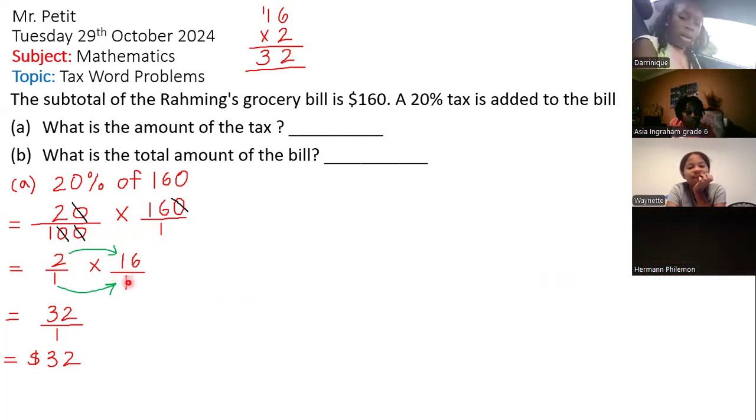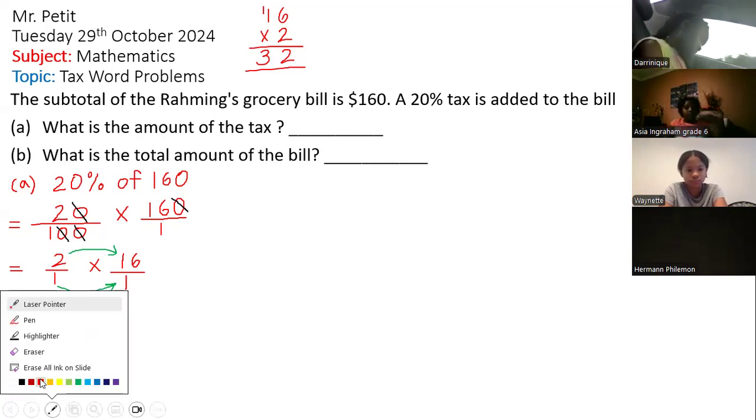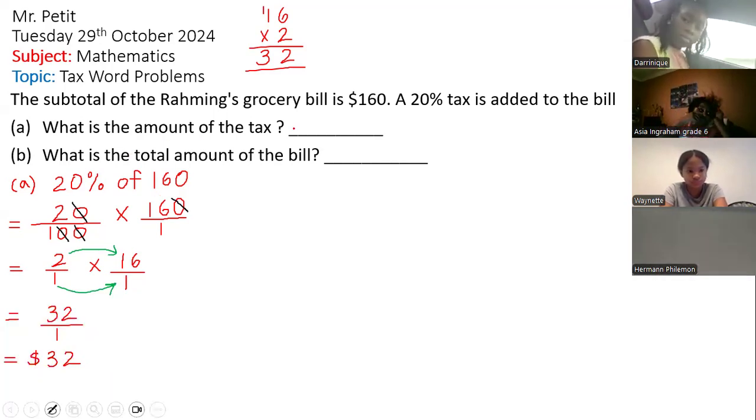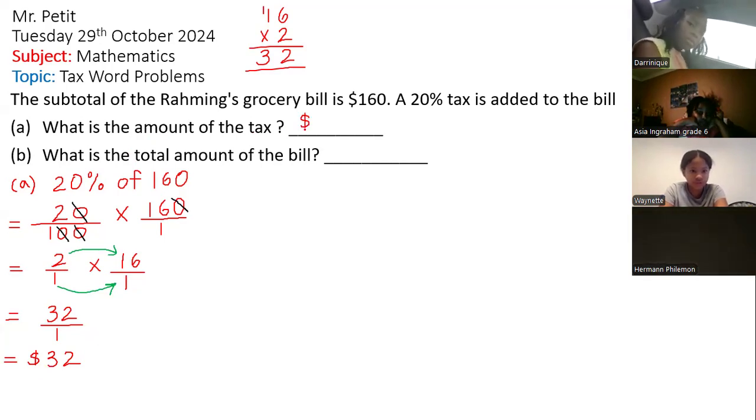And when we multiply, we get 32 over 1, which is also equal to $32. Very good. So Wanette, you understand this? Yes, sir. What is the total amount of the tax? $32. Very good.